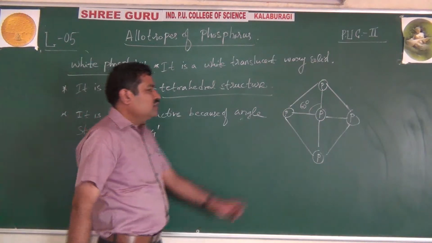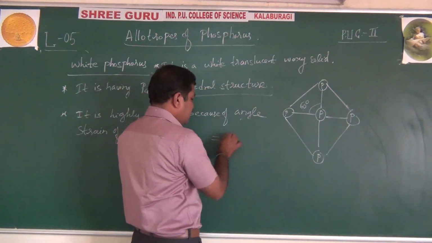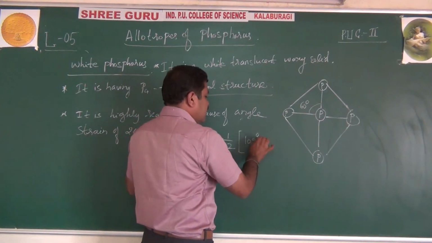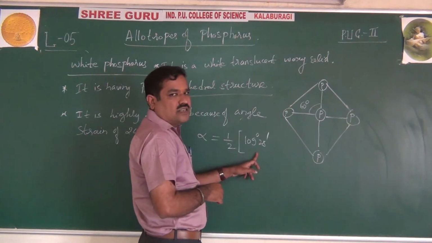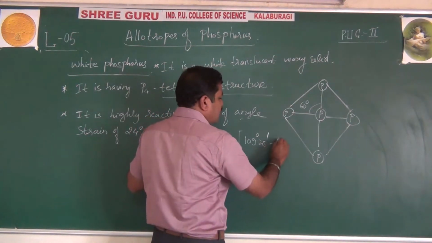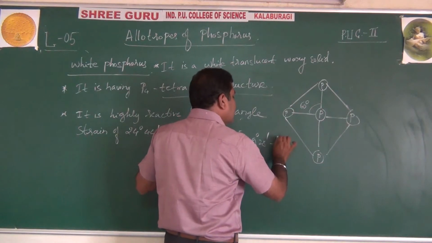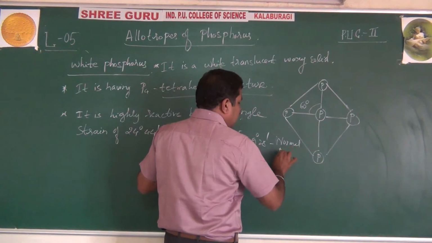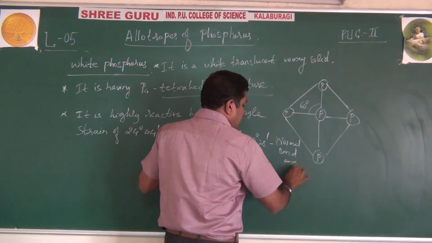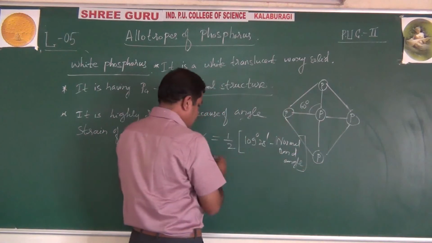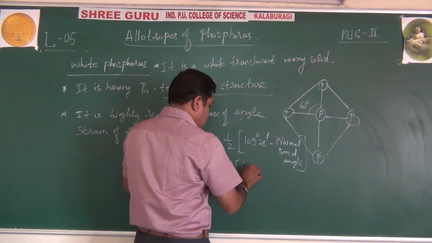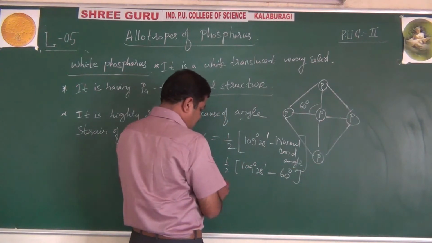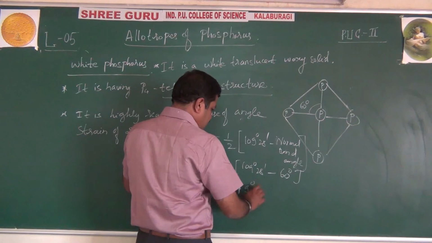The normal tetrahedral angle is how much? There is a formula to calculate angle strain: one by two, 109 degrees 28 minutes minus the normal bond angle. What is the bond angle here? It is 60. So 1 by 2 into 109 degrees 28 minutes minus 60 gives 49 degrees 28 minutes.